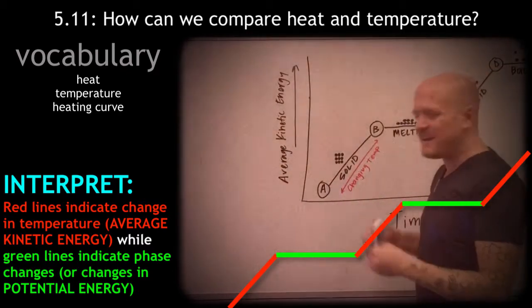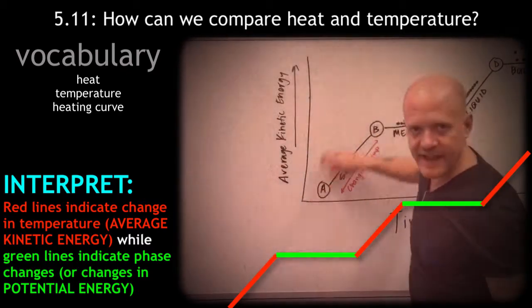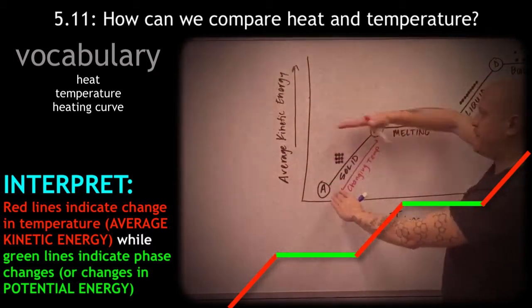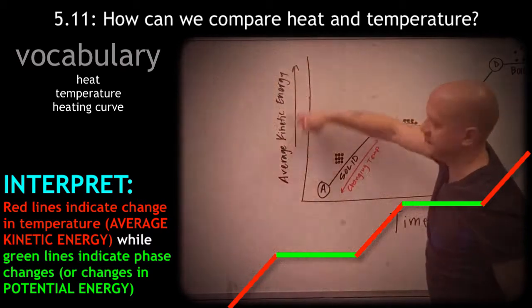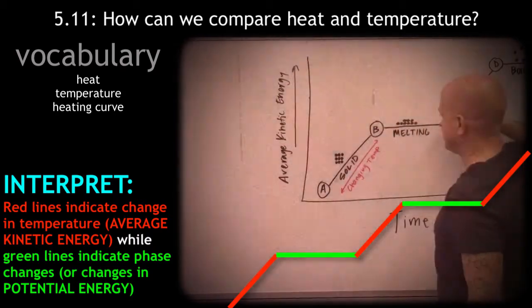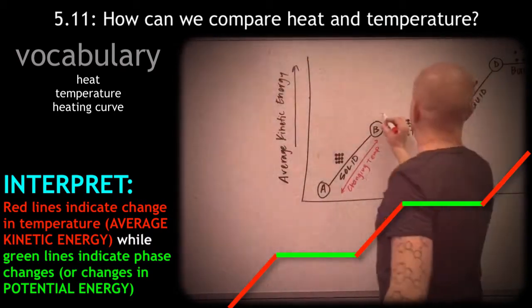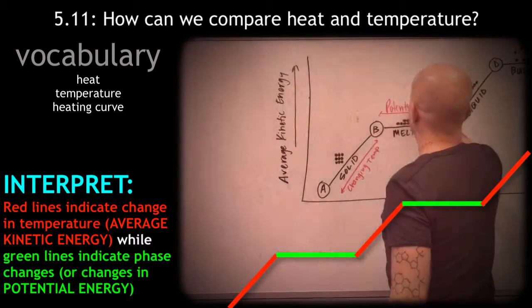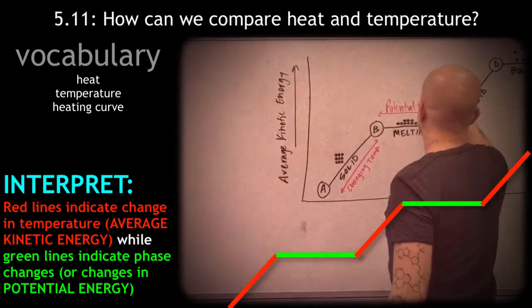That is increasing the average kinetic energy. As you go between B and C, if you notice, the temperature isn't changing because average kinetic energy is remaining the same. So this is a change in potential energy.